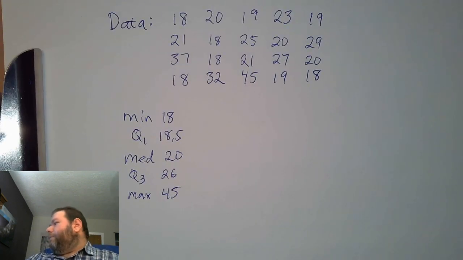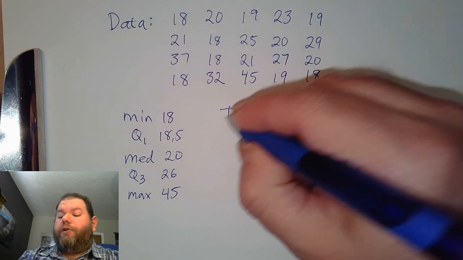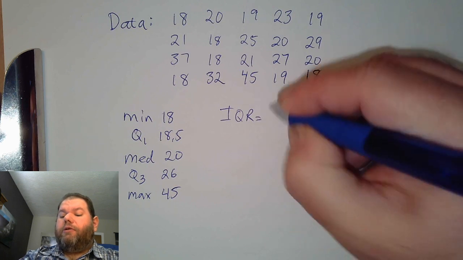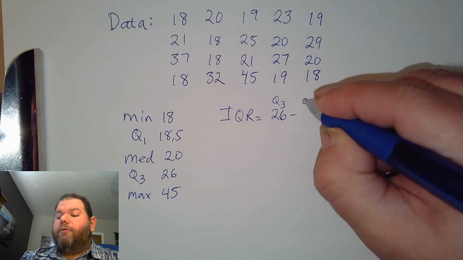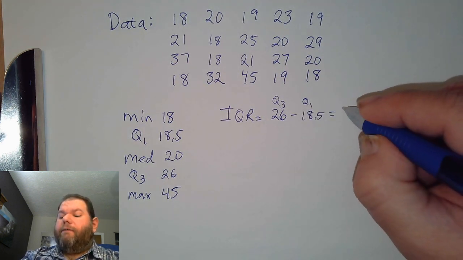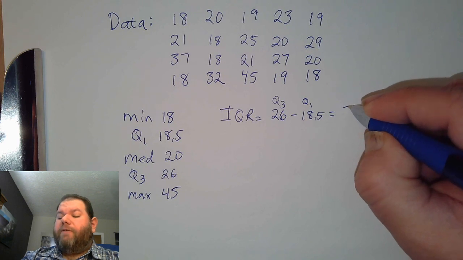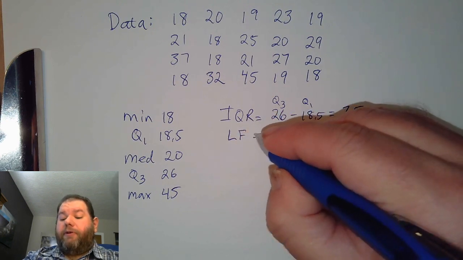So that's what we have. So now we also want to go through and find the fences and any outliers, because we'll want to put that on our number line as well. So interquartile range, Q3 minus Q1. So in this case, that is 7.5. I feel like we just did this last time, and probably we did.